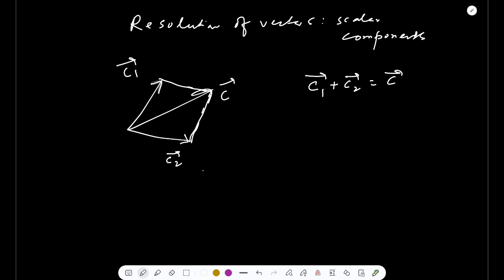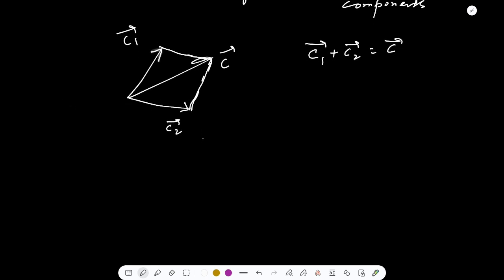If we become more specific, we can say that vector c is here, the line of action of c2 vector is this, and the line of action of c1 vector is like this.